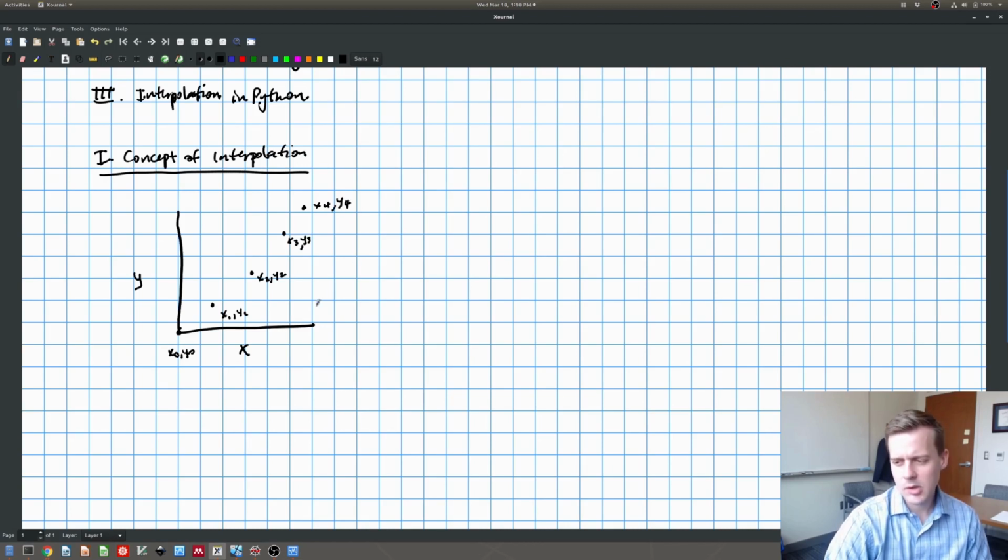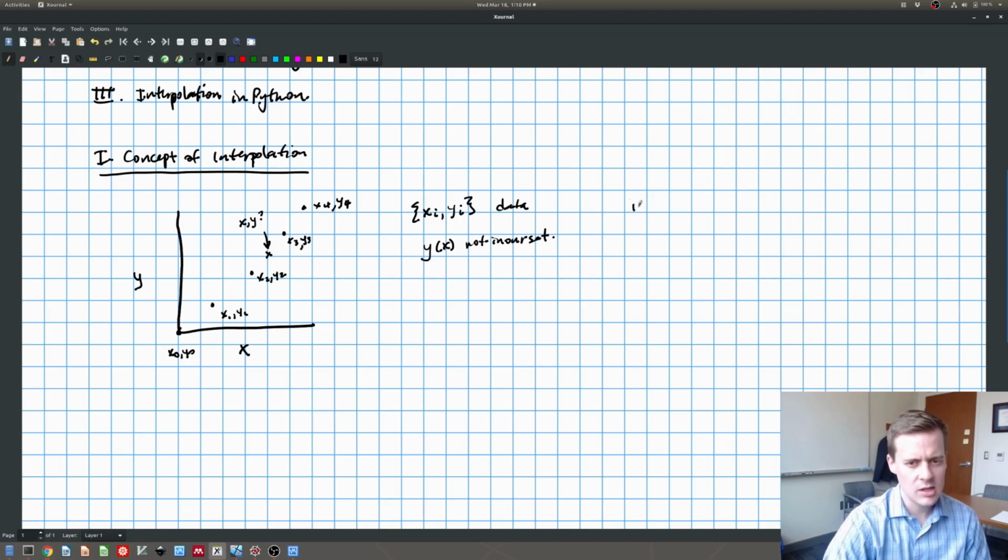In interpolation, we have this set of x sub i, y sub i data. That's our data. And in interpolation, we want to know the value of some y of x that is not in our set. For instance, we don't know what this point is right there. We know that it's some x, y, but we don't know what y is, and it's not in our set.